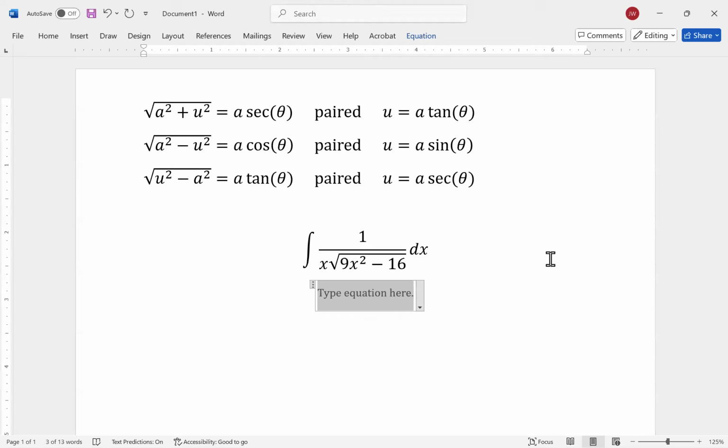So we are in the u squared minus a underneath the square root case. So we take that square root of 9x squared minus 16, and we set that equal to, in this case, 4 times the tangent of theta.